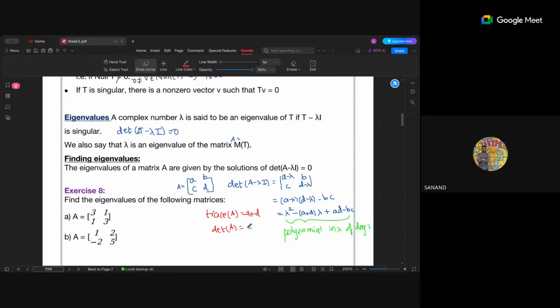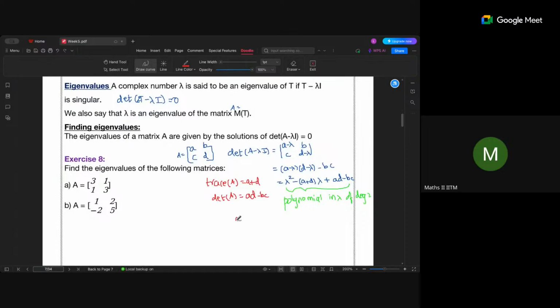AD minus BC. So, determinant of A minus lambda I is equal to lambda square minus trace of A times lambda plus determinant of A. This is a very important observation.